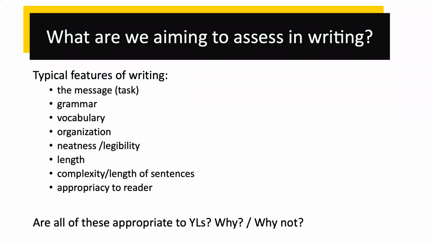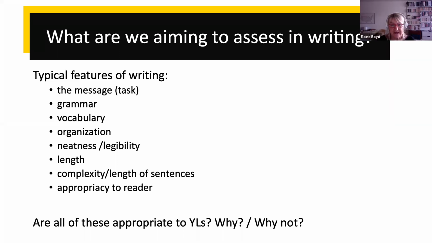Looks like length is pretty low, and complexity or length of sentences is lower too. Not checked as much. Okay, shall we close it? So what was the winner there, would you say? Oh, there we are, I can see. Good.